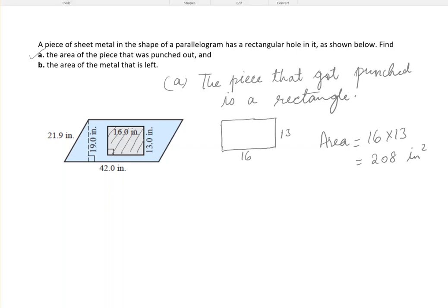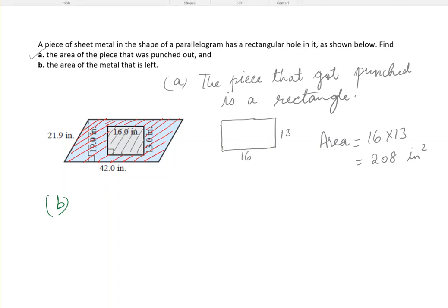Now for part B, let's do some thinking in order to figure it out. We need to figure out the metal that is left, so this red area. In order to figure out this red area, we can find the blue area, the area of the whole parallelogram, and subtract the area of the rectangle that is there in the middle.